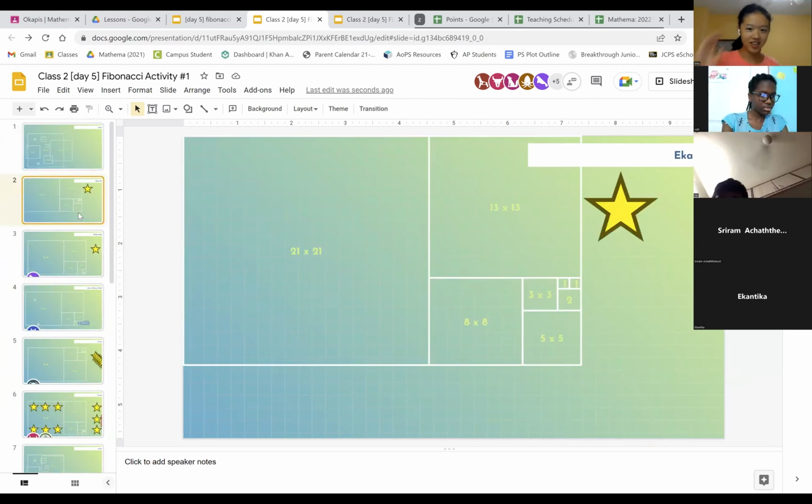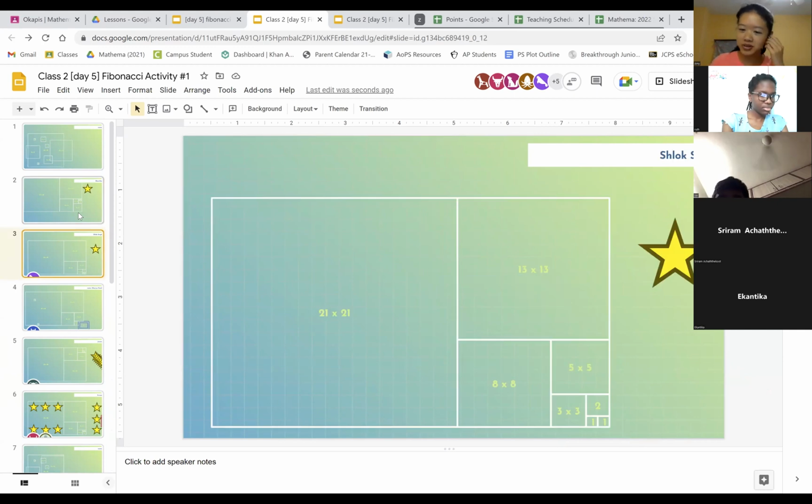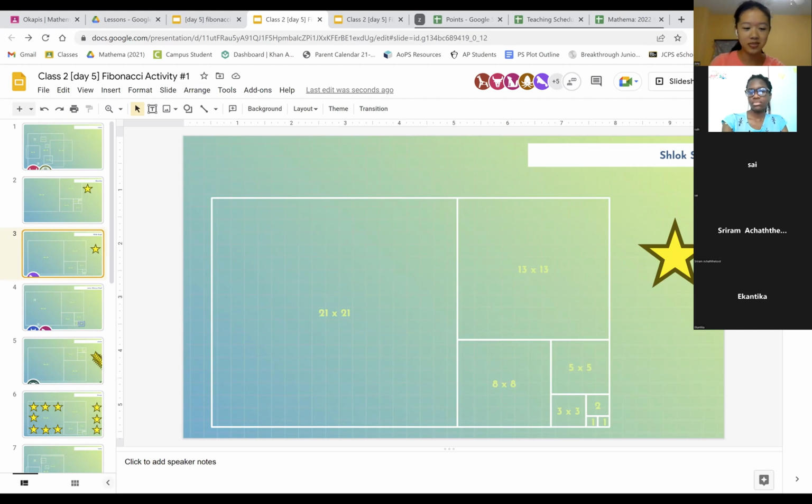Okay, if you're done, you can go look at other people's slides and look at how they made their rectangles, because you can make it in different ways. However, I do want you to notice that it is hard to move the little squares on a tablet or a phone.